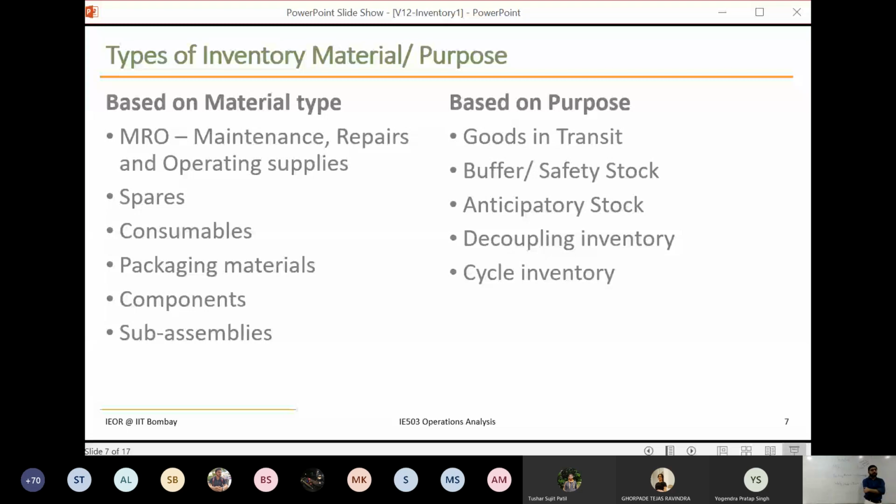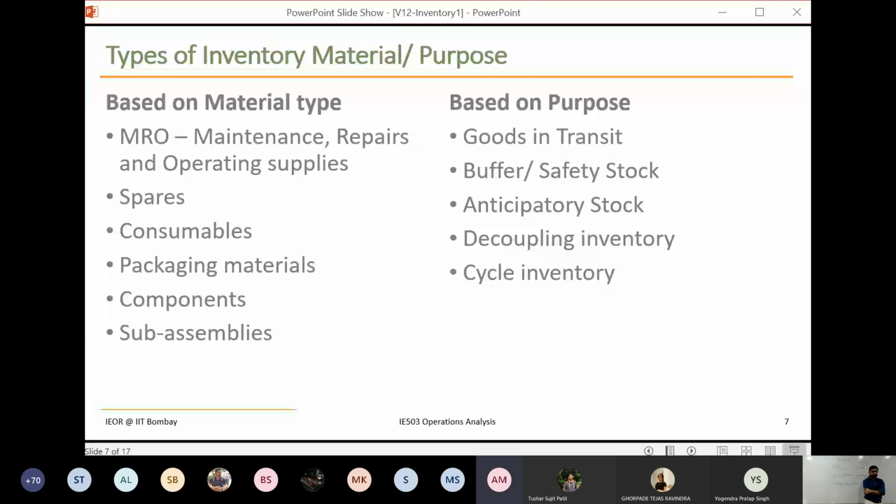Anyone want to venture a guess what is anticipatory stock, or decoupling inventory? Can you give that a shot? What is anticipatory stock? Can you just unmute yourself and talk?